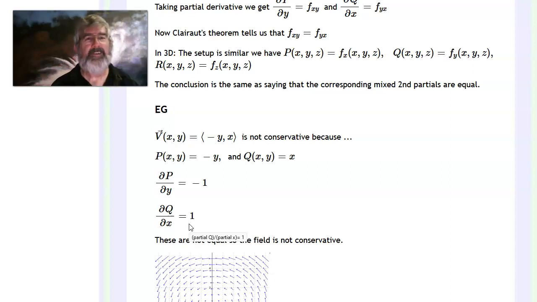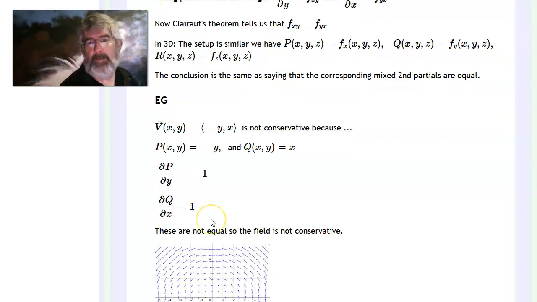Right? This is the way this theorem works. It's not used for proving that something is conservative. It's used to prove that something is not conservative. If you can show that those partial derivatives are not equal, then it's not conservative. If you can show that those partial derivatives are equal, then it might be conservative, but there's other things that come into play, which we will look at in subsequent sections of the book here.